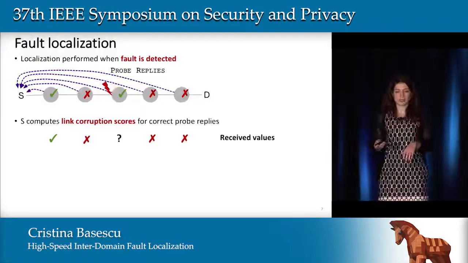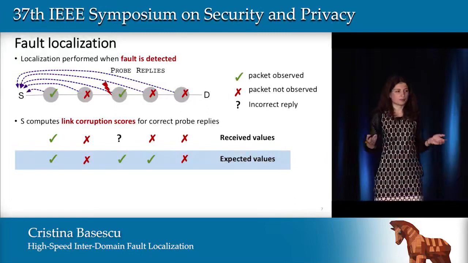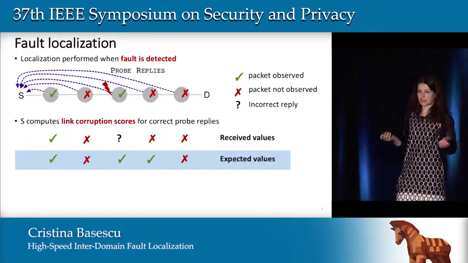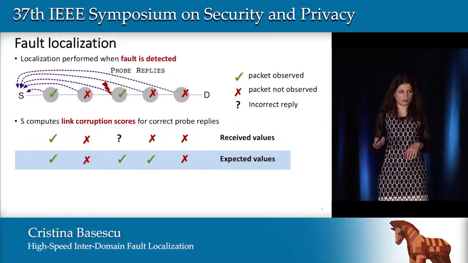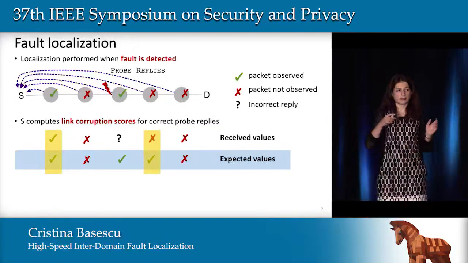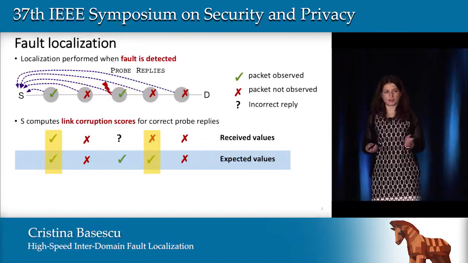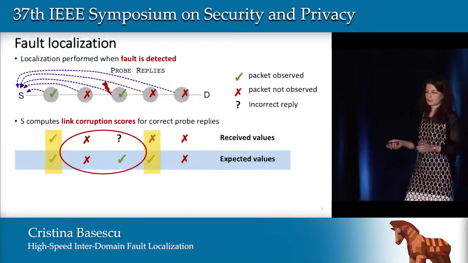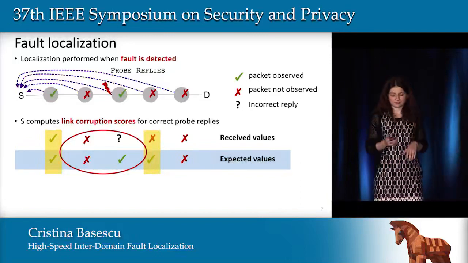For instance, if these are the received values on the first row, where a tick means that the packet was observed in the Bloom filter, an X that the packet was not stored, and a question mark is an incorrect reply, then the source will compare the expected values, which it knows, with the received values, and will see where was the last place where the packet was correctly observed, and where is the first place where the packet went missing. And so all these links appear to may have misbehaved, or their corruption scores go up.